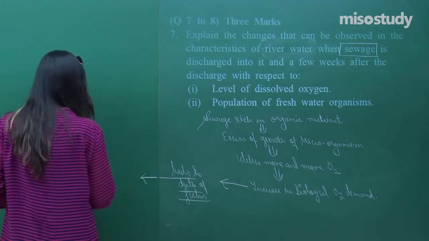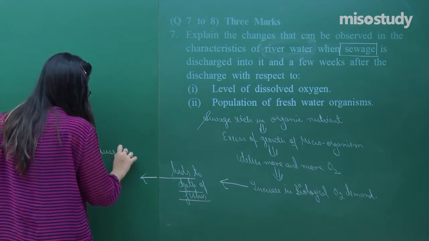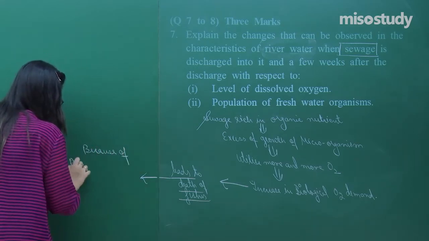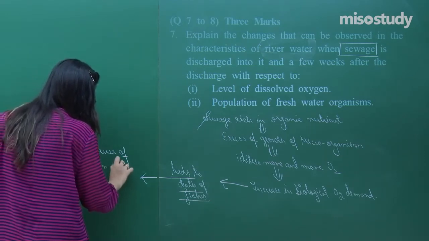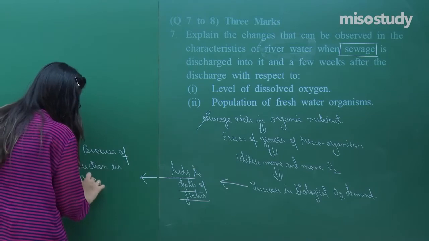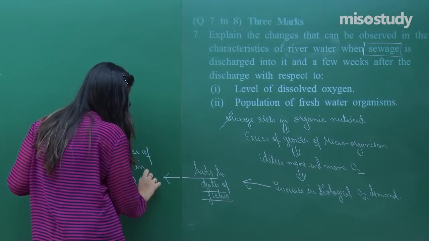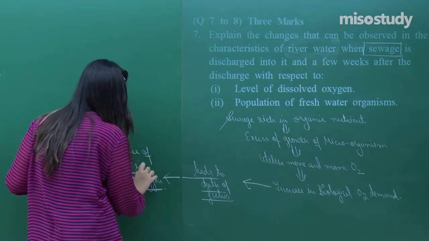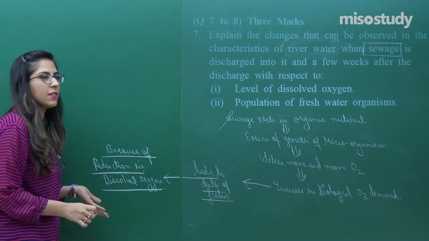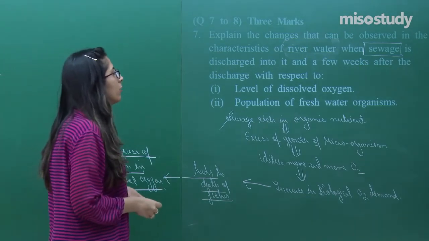So, because of reduction in dissolved oxygen, definitely there will be a death of fishes.